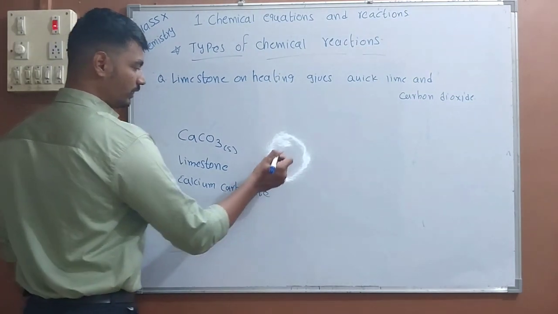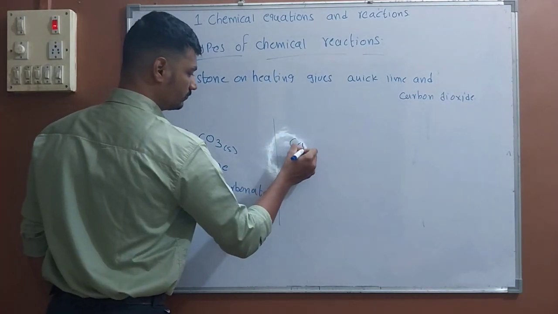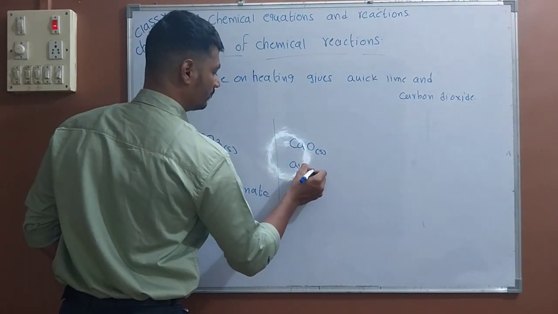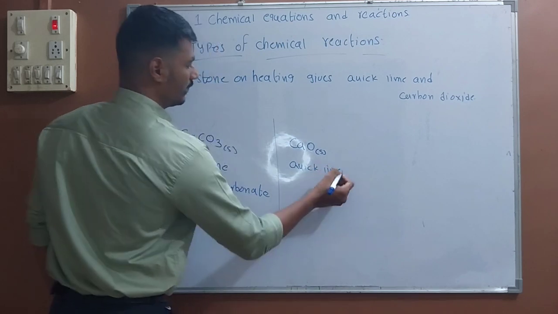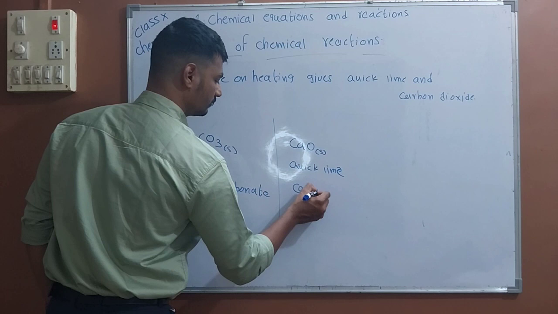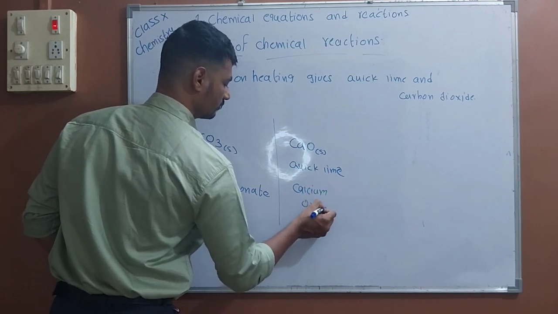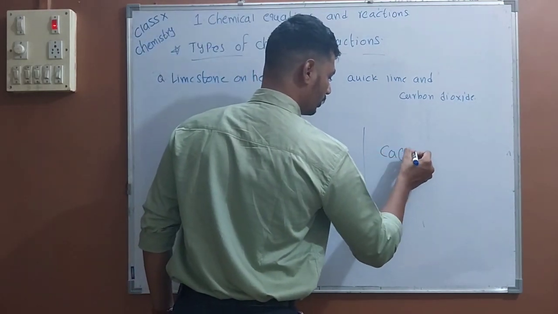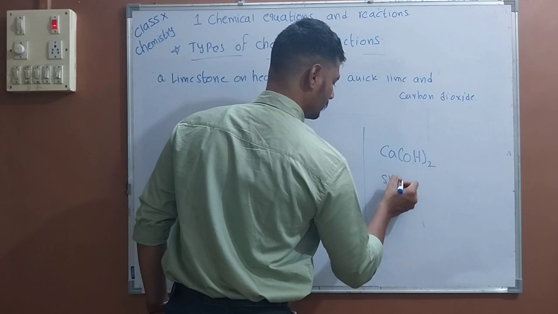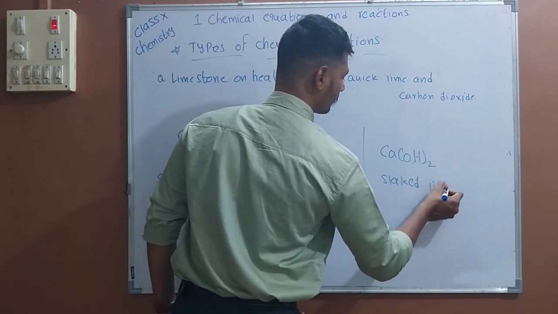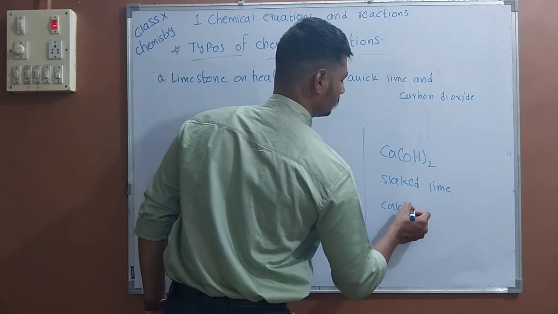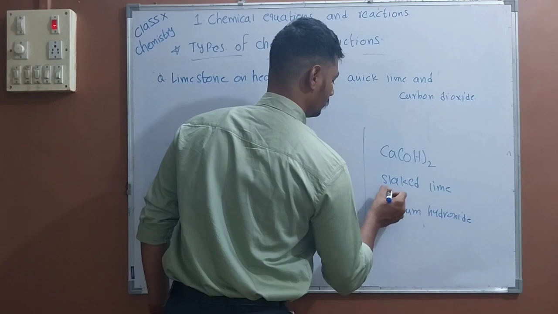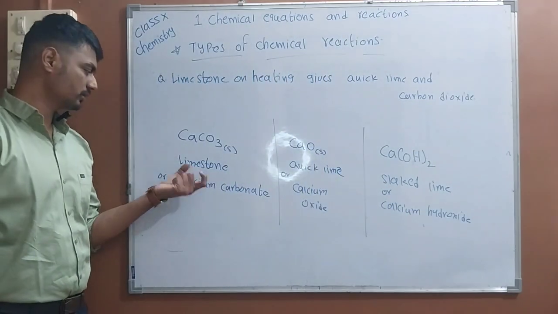This is called limestone. Then quicklime is CaO, which is again in solid state. Its chemical name is calcium oxide. And another thing is Ca(OH)2, which is called slaked lime, and its chemical name is calcium hydroxide.